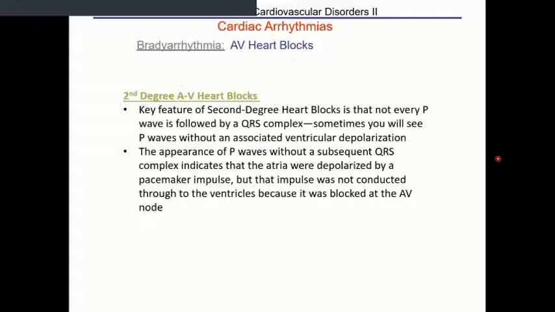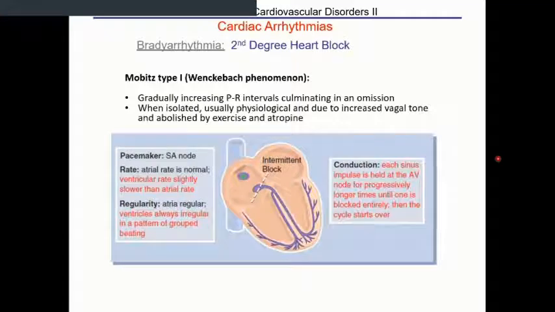So the presence of P waves without a QRS complex is an indication of a block at the AV node. There are two types of second degree heart block, your Mobitz type 1 and your Mobitz type 2. Let's first take a look at your Mobitz type 1 or your Wenckebach phenomenon.